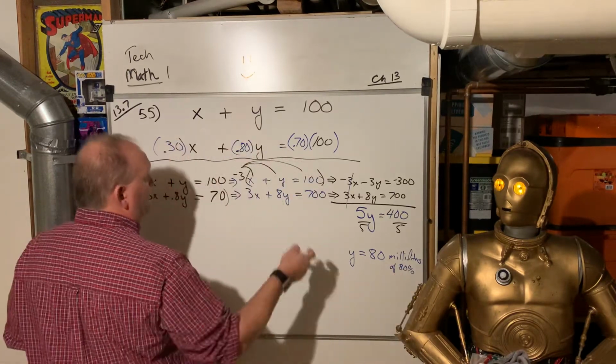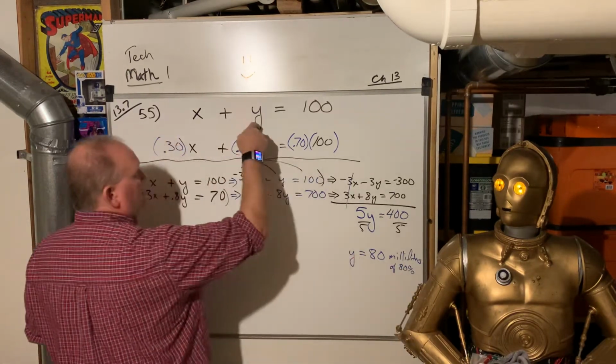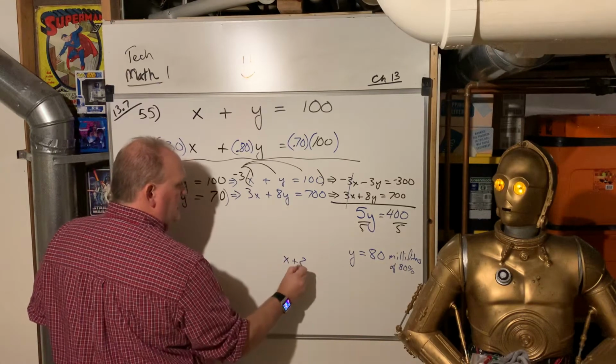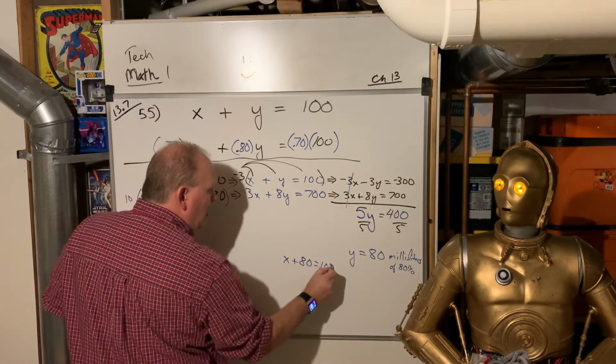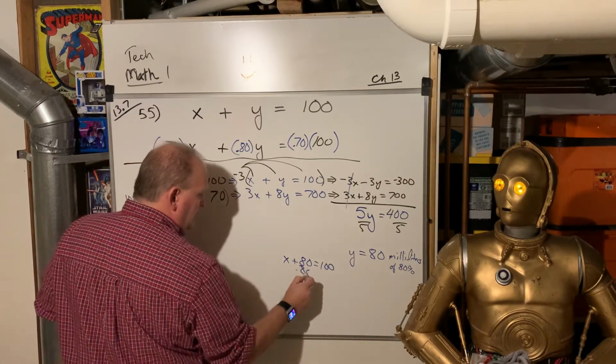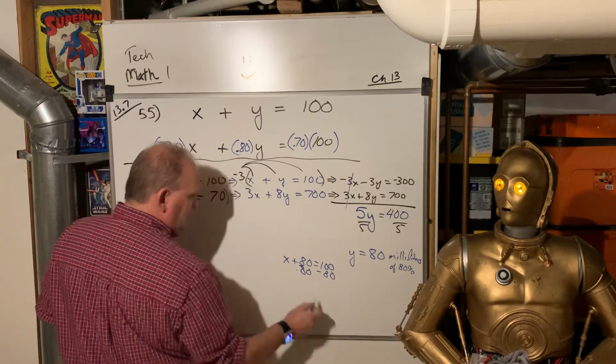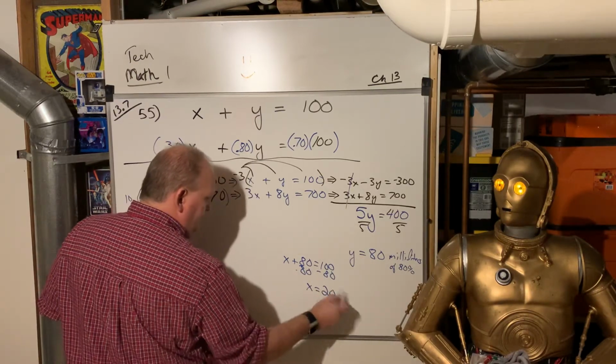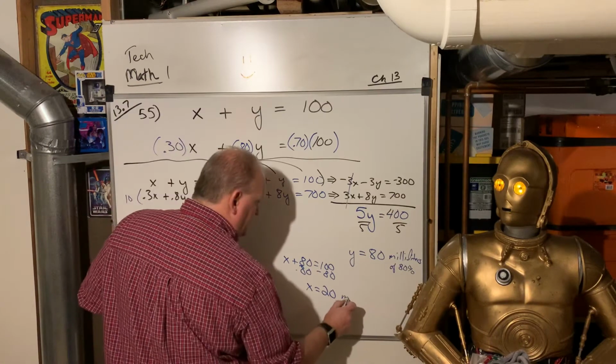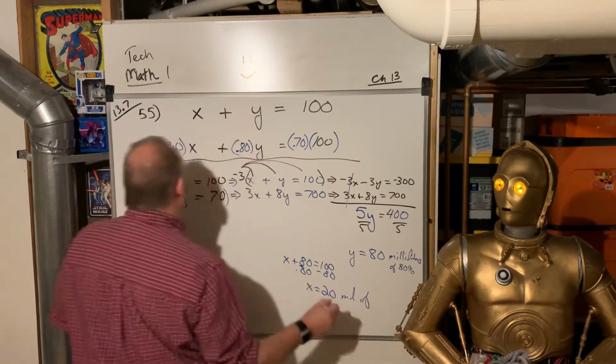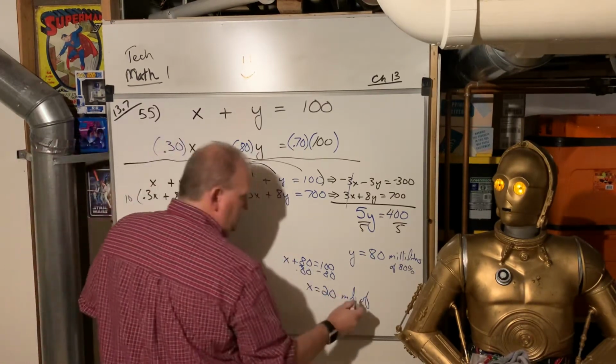And then how do we find x? Well, you take the 80 and you put that in. So x plus 80 equals 100. Or you just use logic and go, look, you got 100 and we got 80 of it, so it's got to be 20, right? So 20 milliliters of the 30% solution.